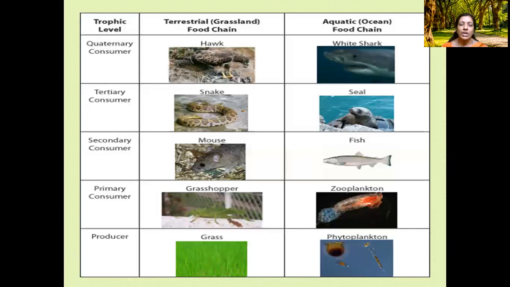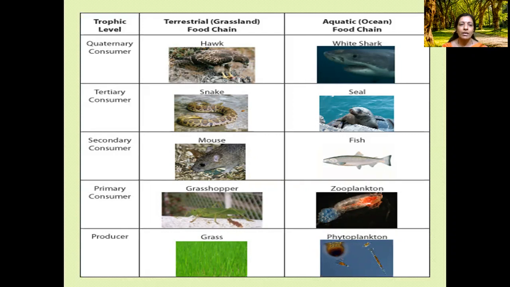Now from this chart, you will easily get an idea of how the different trophic levels exist in a terrestrial ecosystem as well as in an aquatic ecosystem. At the lowest level, you have the producers, that is plants who produce food. At the second trophic level, you have primary consumers, those living organisms which eat the plants.